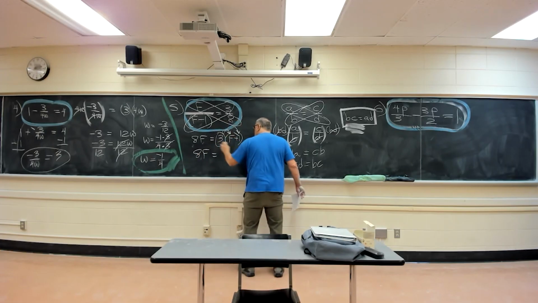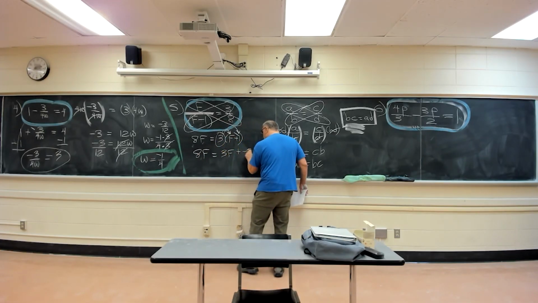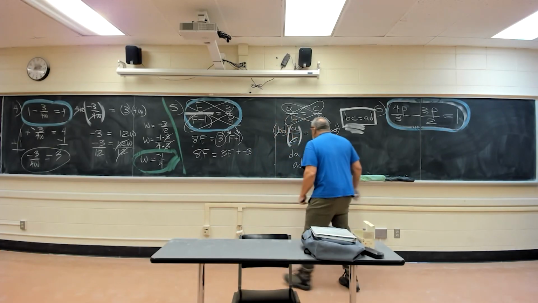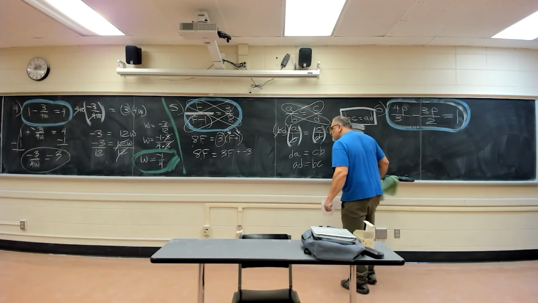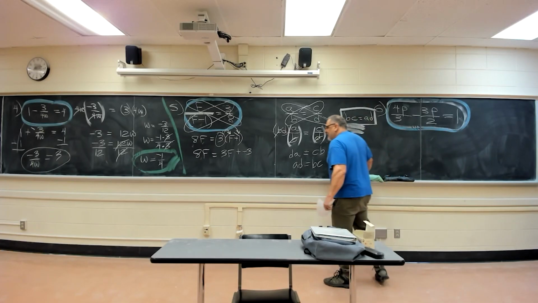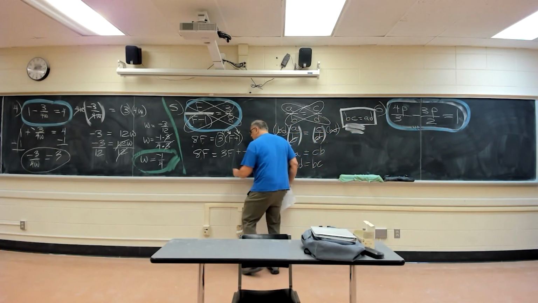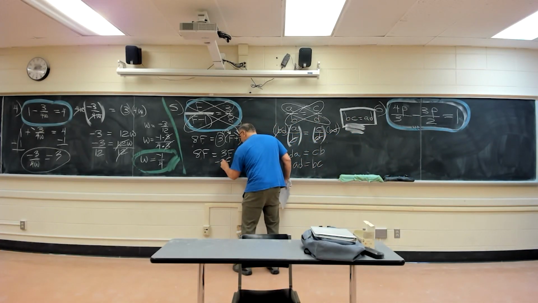Here's 8f. 3 times f is 3f. 3 times -1 is -3. Okay. Looking pretty good. Look, let's kind of cut to the chase, you guys. Let me subtract 3f on each side.